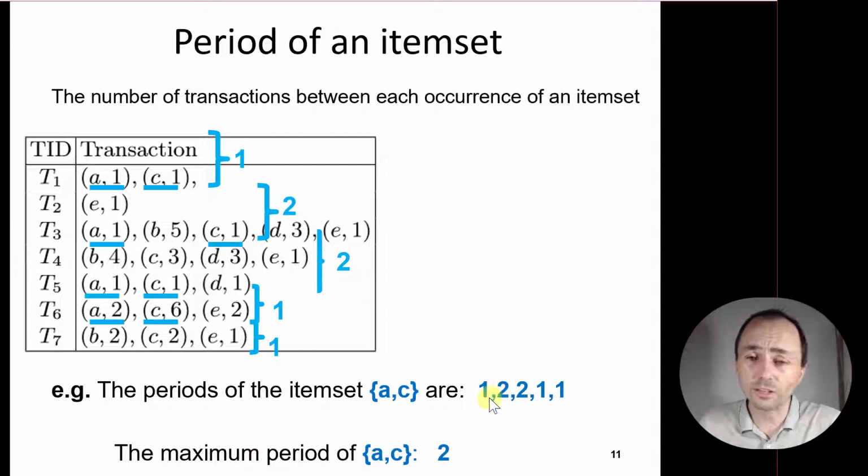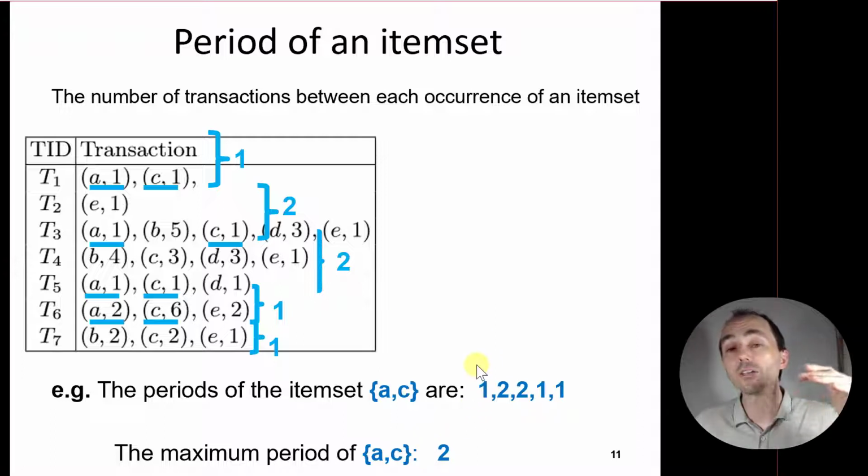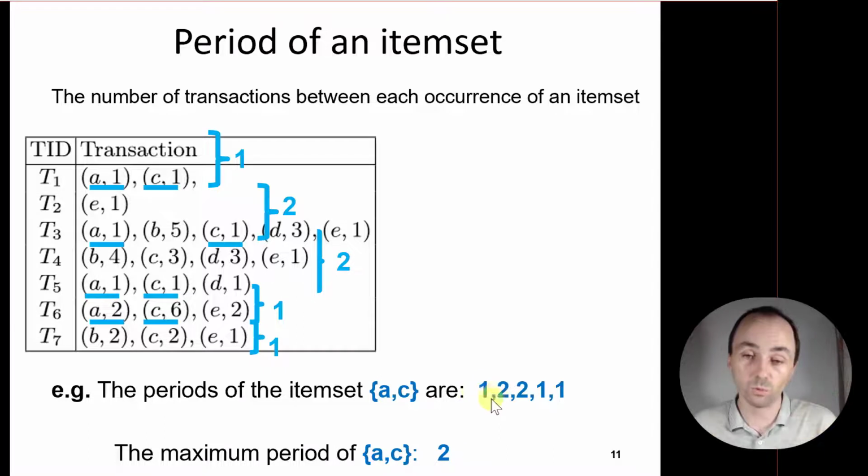Now we take the maximum of these. It is what we call the maximum period of AC. The maximum here is 2, so the maximum period of AC is 2. In the traditional definition in periodic item set mining, if you set max per equal to 2, this will be a periodic pattern because the periods are never more than 2.